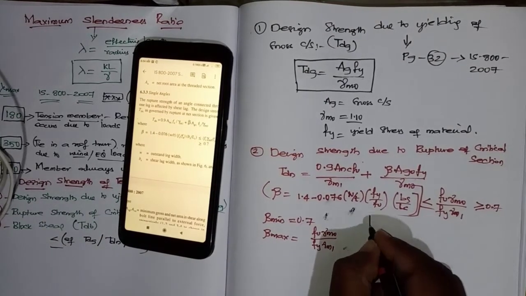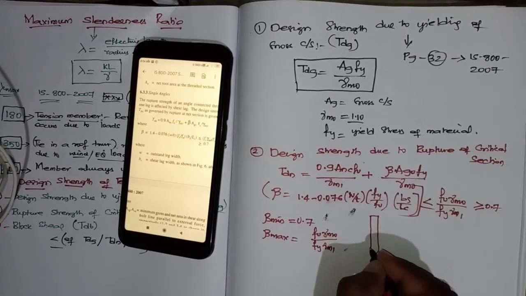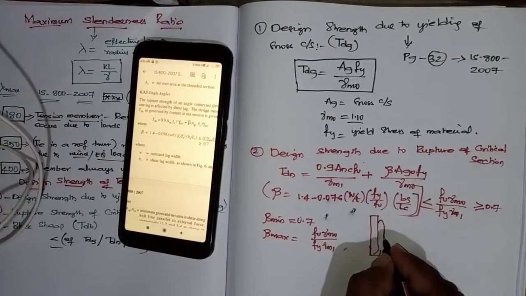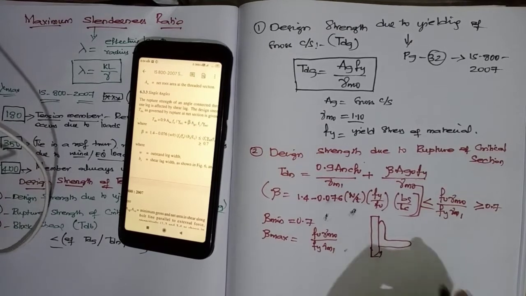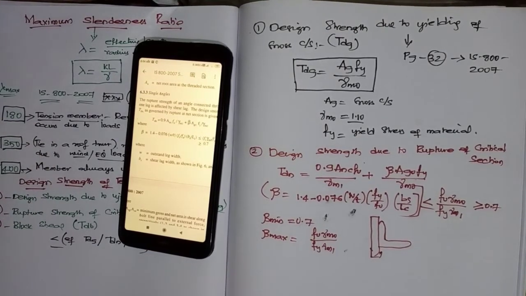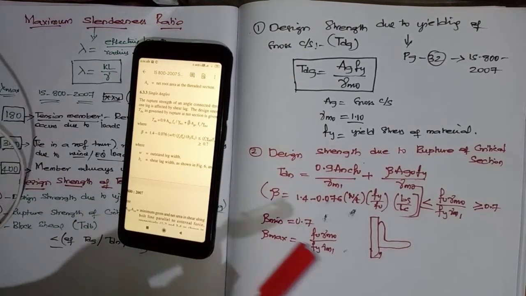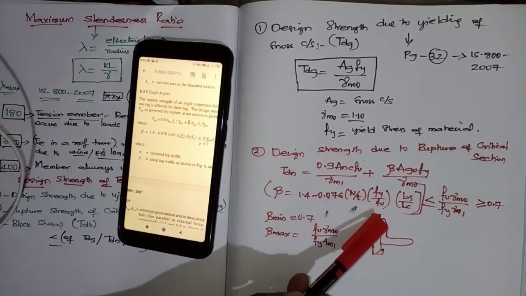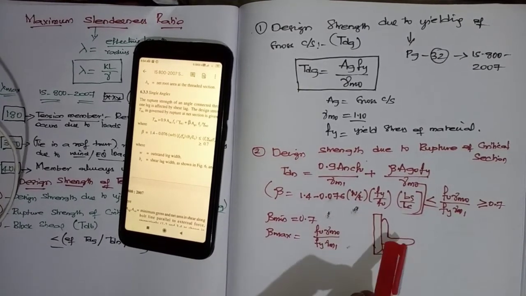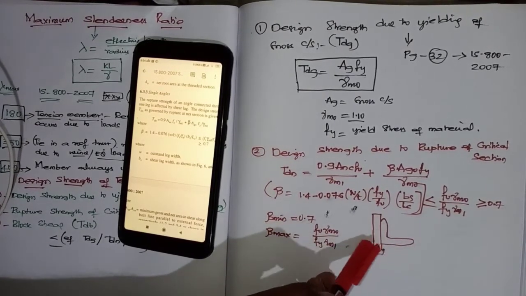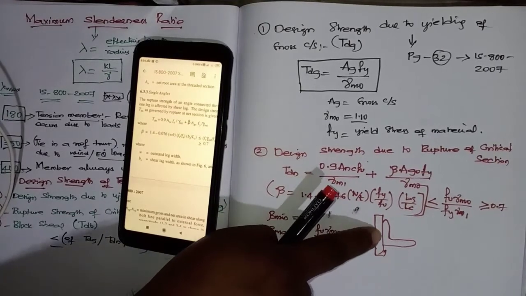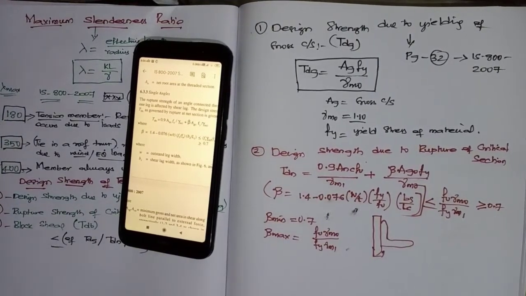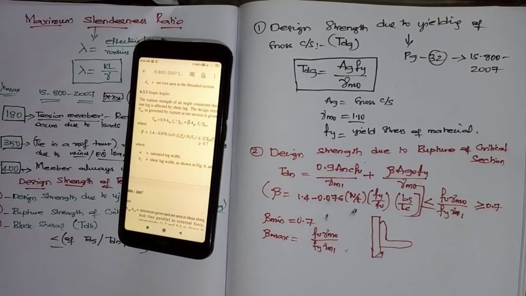Suppose a gusset plate is there. To this gusset plate you are connecting the angles. Now ANC is nothing but the net area of connected leg. This is the connected leg. Next, AGO is the gross area of outstanding leg.